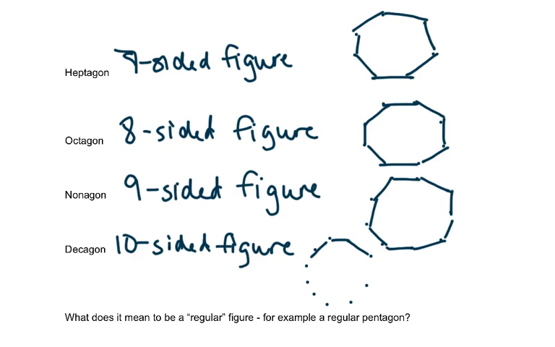So the more sides, the harder it is to draw without it looking like a circle. All right, so those are the different shapes.